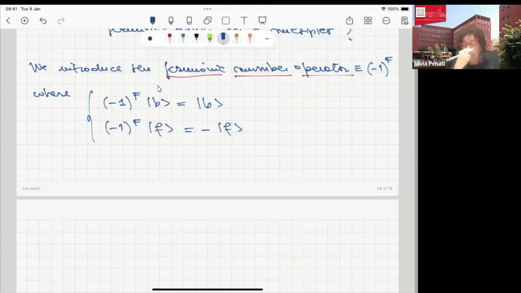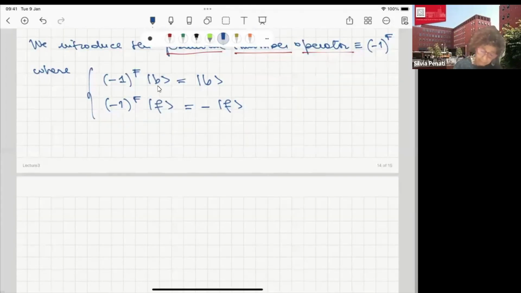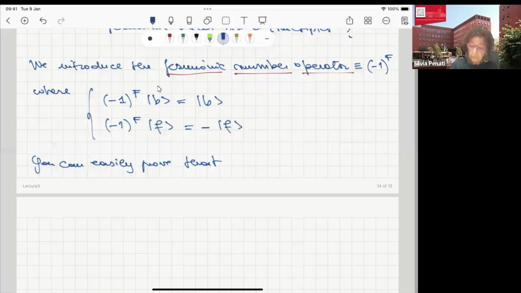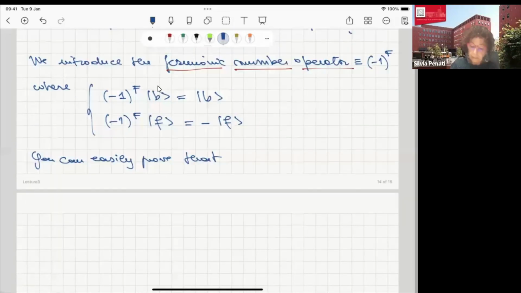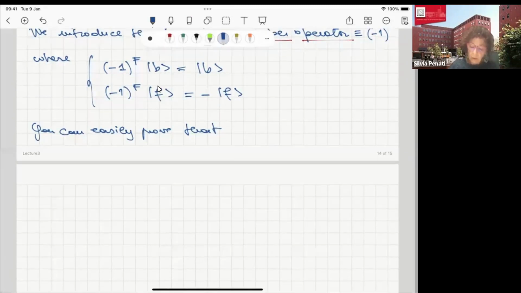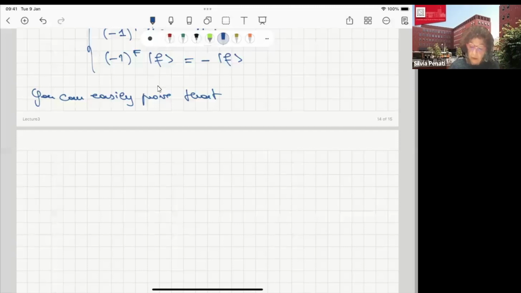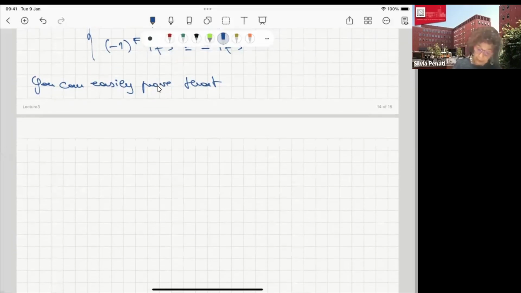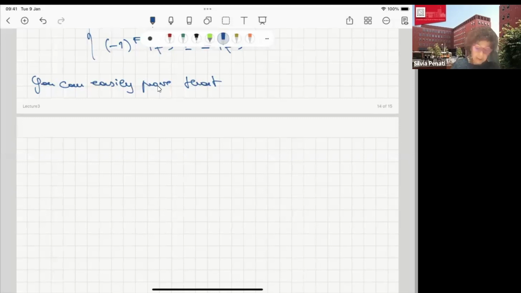You can easily prove that the fermionic number operator, actually, I prefer to call it fermion number operator, always anti-commutes with Q and Q bar. So the two identities that are very easy to prove are the following.